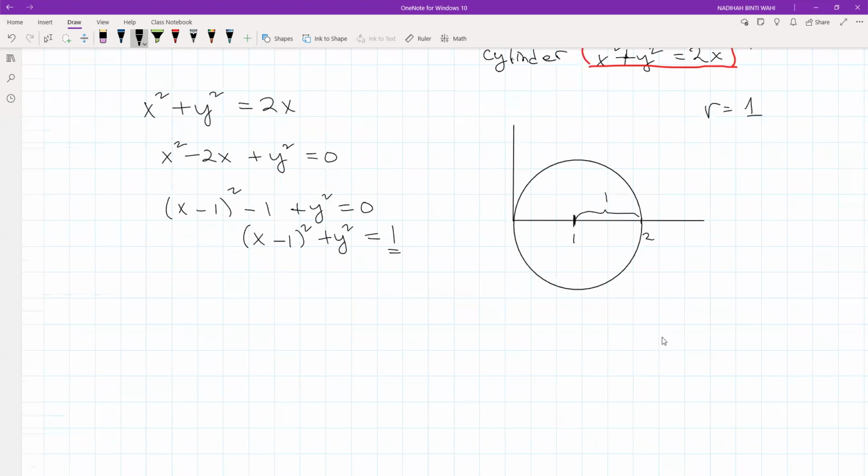Apa function untuk ni? Macam mana kita nak cari? Kita boleh guna function yang ni. You can use this one.